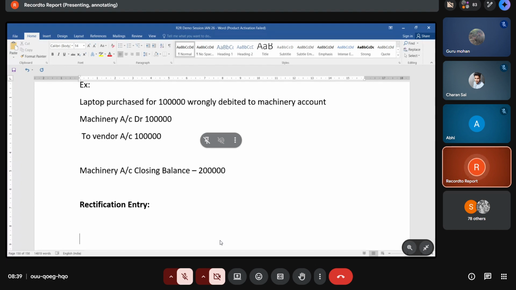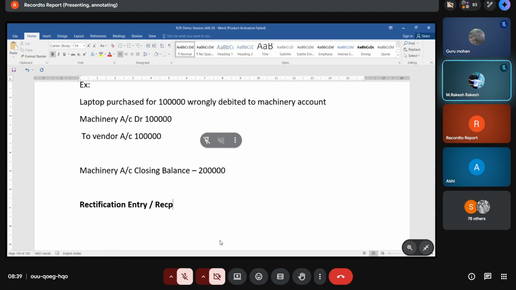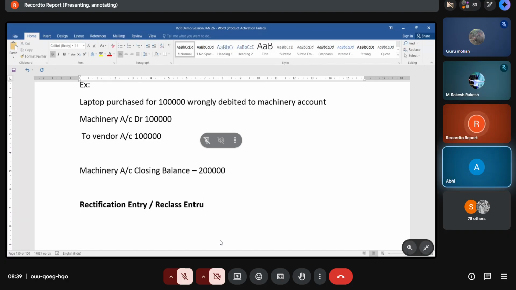Which account is wrongly debited? It is also called a reclass entry. I purchased the laptop, and it was wrongly debited to missionary. What account did I have to debit, guys?